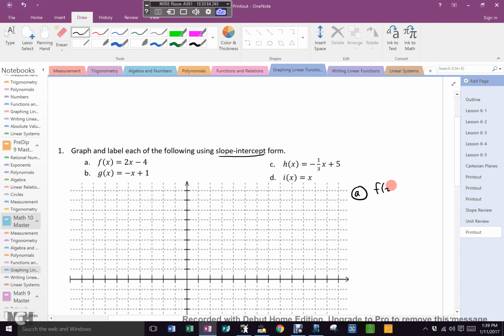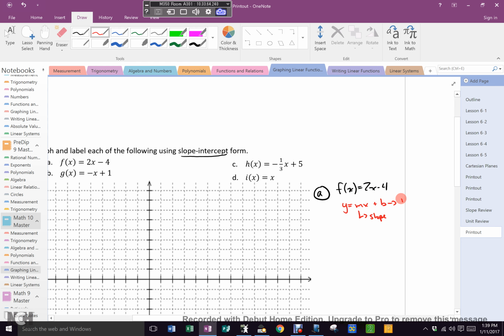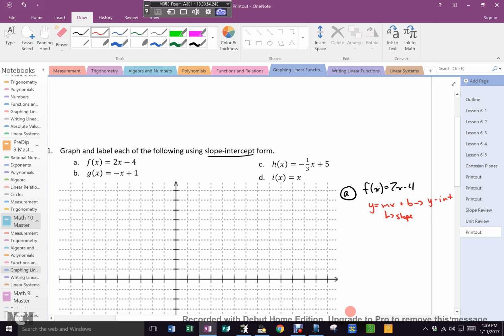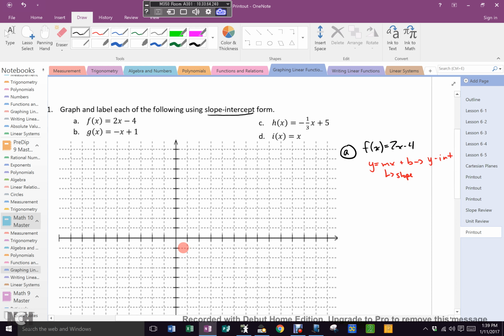So f of x equals 2x minus 4. In slope-intercept form is y equals mx plus b. That's my slope. That's my y-intercept. So I go to negative 4: 1, 2, 3, 4.